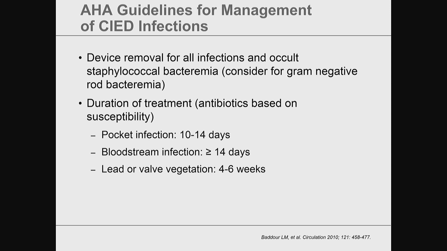The duration of treatment depends first on what infection you have. If you just have a pocket infection, that can range anywhere from 10 to 14 days. If you have a bloodstream infection, then you're talking at least more than 2 weeks. If you have a lead or valve vegetation, then you're talking anywhere from 4 to 6 weeks. What antibiotic you use is, of course, based on which organism is causing this and the susceptibility of that organism.